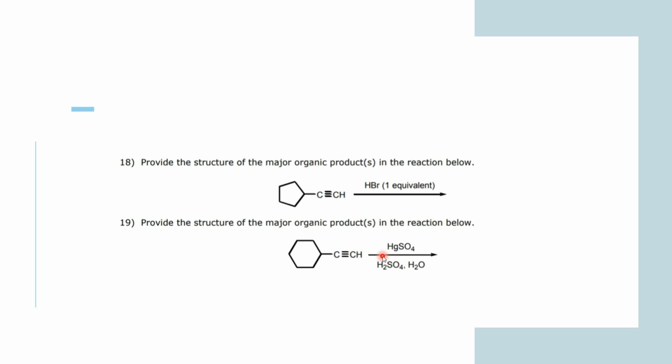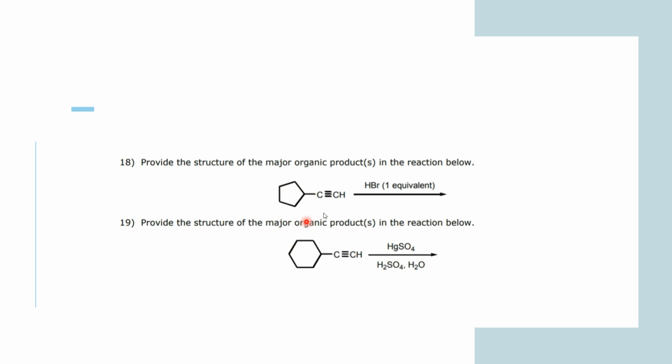So, then let us move to the next question. Provide the structure of the major organic product in the reaction below. You have been given this terminal alkyne.